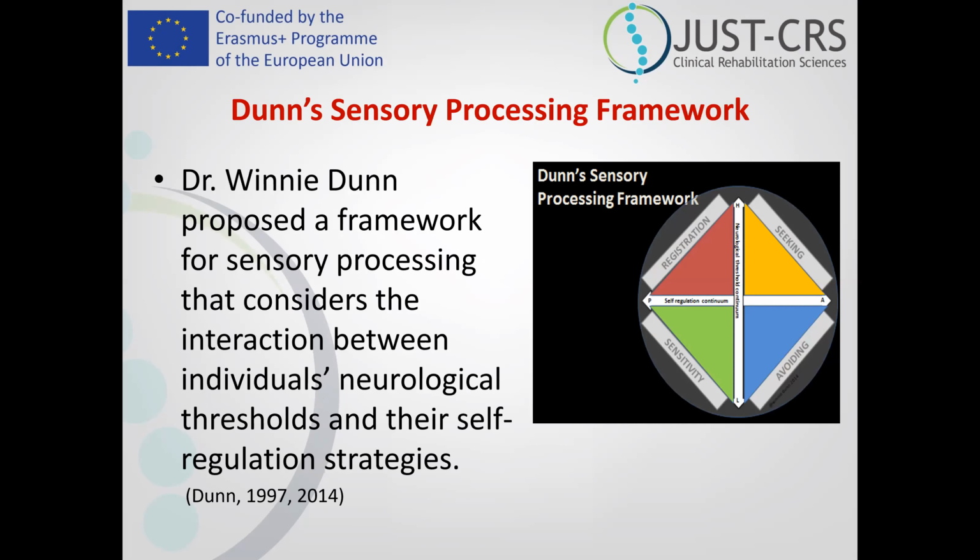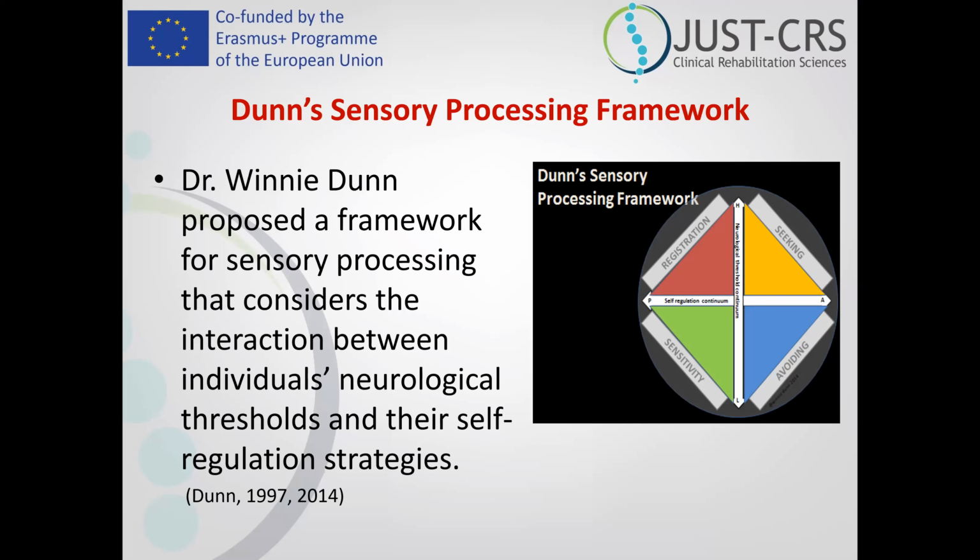Basically, it's a modified framework from Dunn's sensory processing model. The model was proposed in 1997, and Dr. Winnie Dunn reframed this framework in 2014. This framework takes from the neurology science knowledge and from the behavioral knowledge.